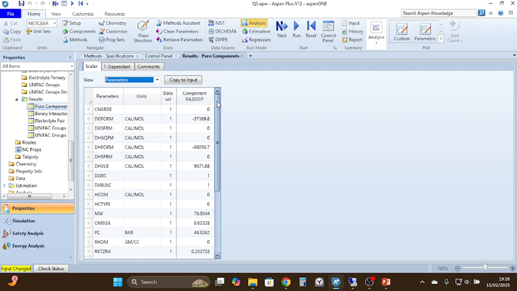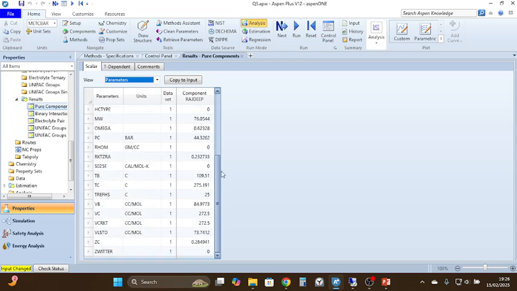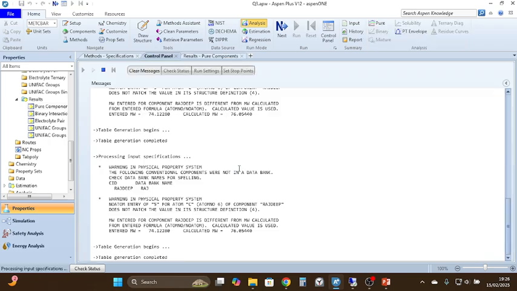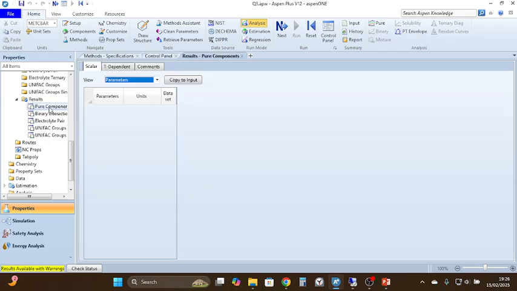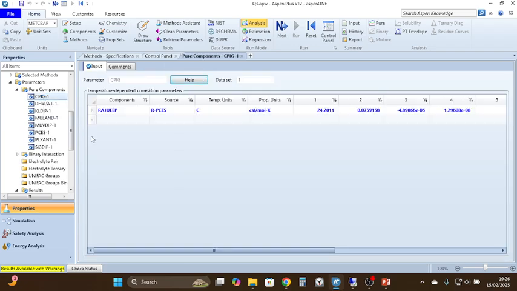Here you can see that all of these are calculated from the structural data that we have provided.